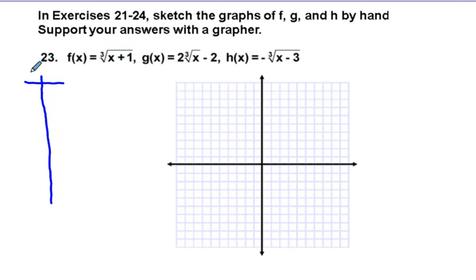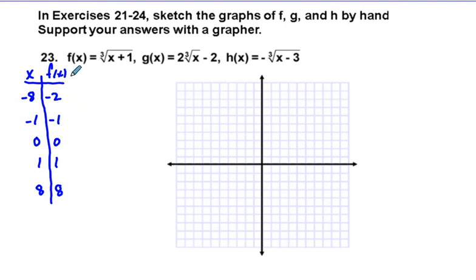If we plug in the cube root of negative 8, we're going to get negative 2. If we plug in negative 1, we get negative 1. If we plug in 0, we get 0. The cube root of 1 is 1, and the cube root of positive 8 is 2. So this would be like a parent function pattern.